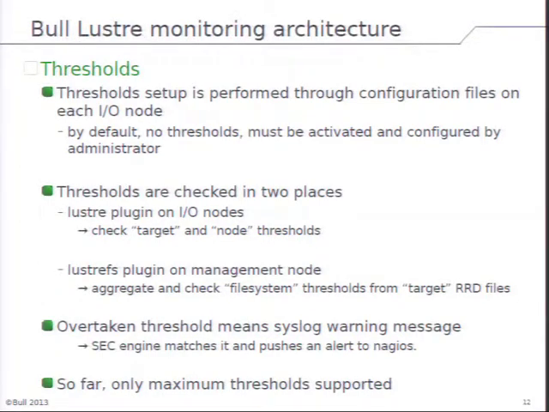It checks if the threshold is overtaken, and if this is the case, it throws it to Nagios via the stake engine. For now, we only define some maximum value thresholds, so we are only able to check if a value is higher than what has been defined.